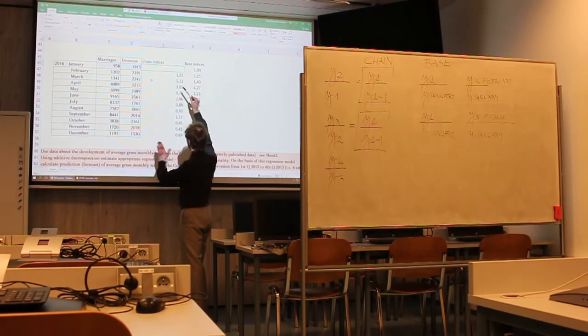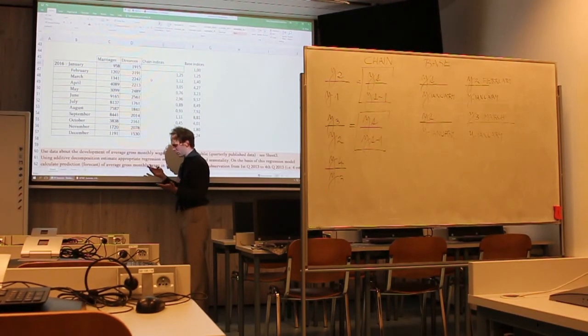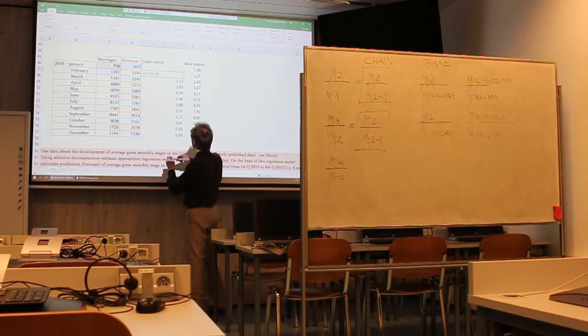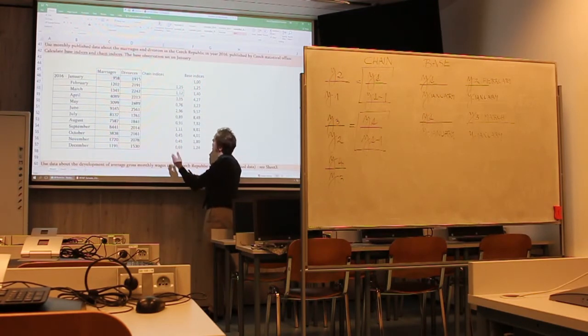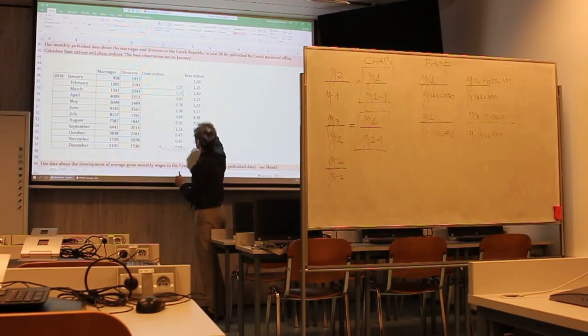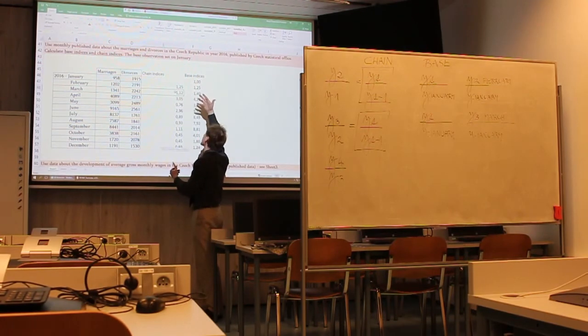So we know how to calculate chain indices: the observation in time t divided by the previous value. We are using two decimals here. We can interpret the results, because the result is a relative number. What is higher than 1 is an increase.